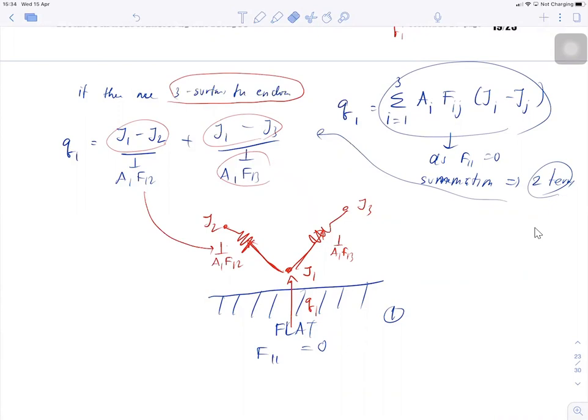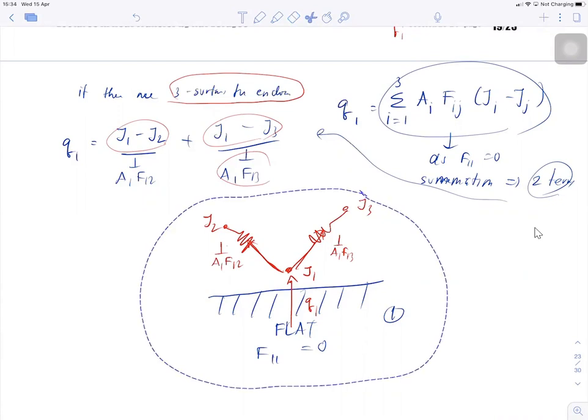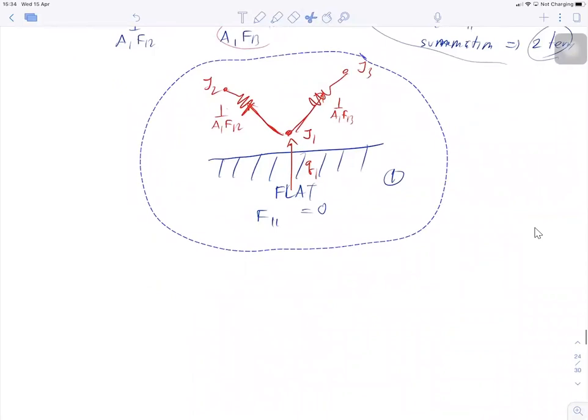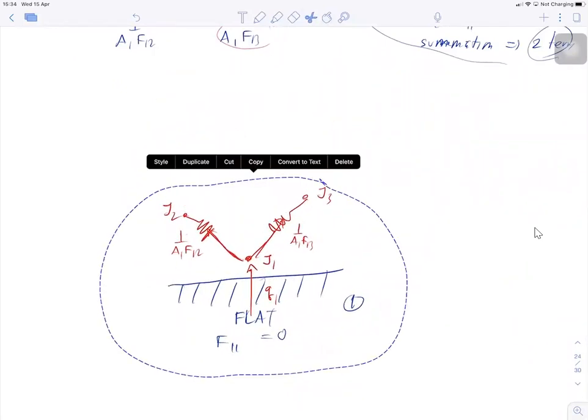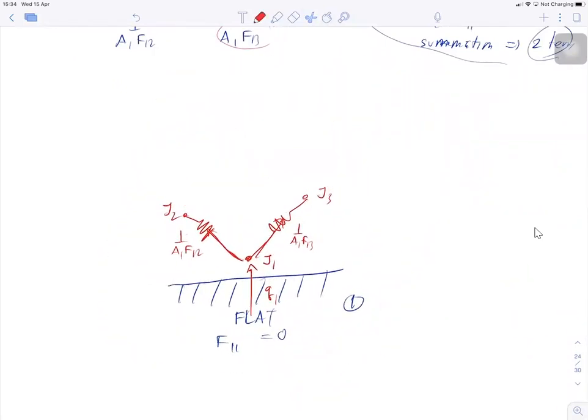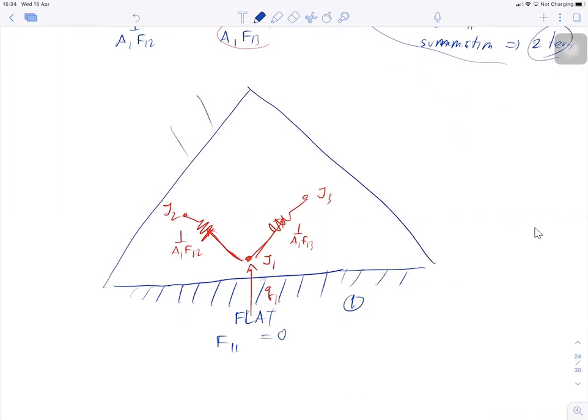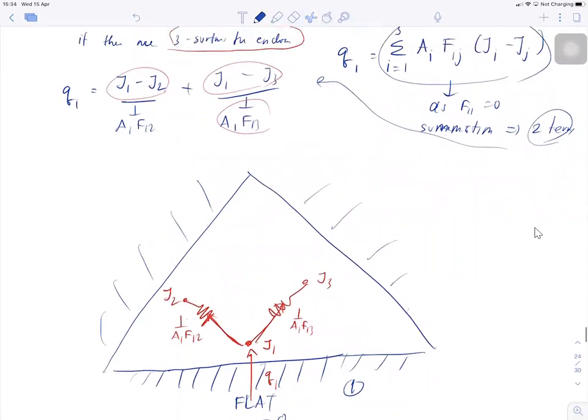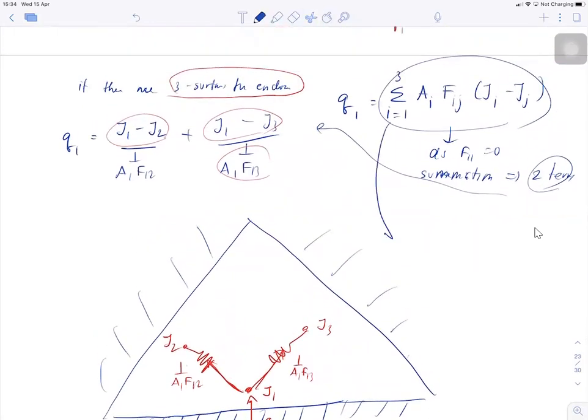Let me draw it down for all the three surfaces. Right down here, and probably use the blue one a little bit further like that. Okay. And then this is surface 1, surface 2 and surface 3. Use this equation for surface 2.